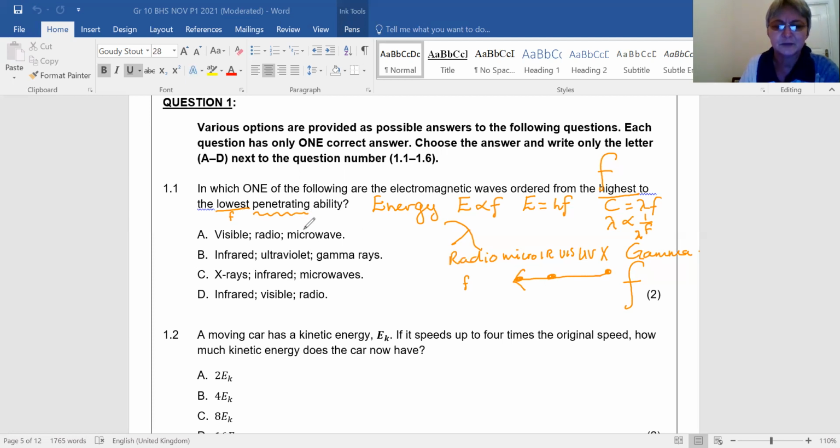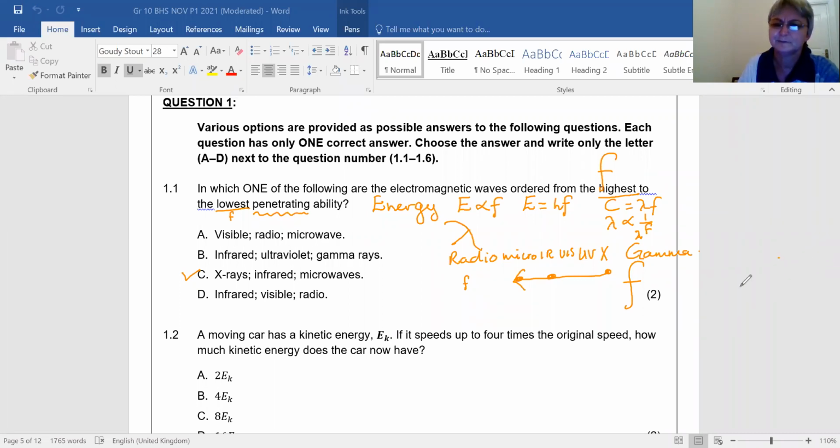So from the highest penetrating ability to the lowest penetrating ability, I would say that is the answer. This one jumps around to different answers. So number C is the answer there.